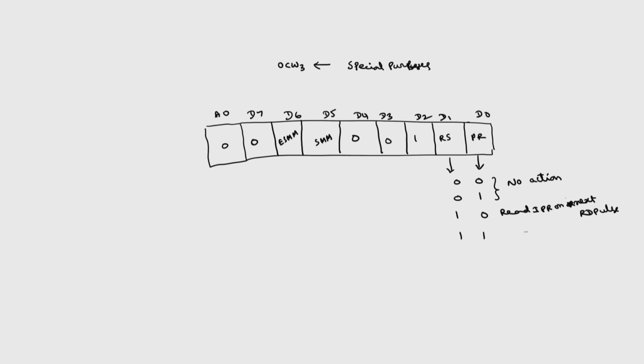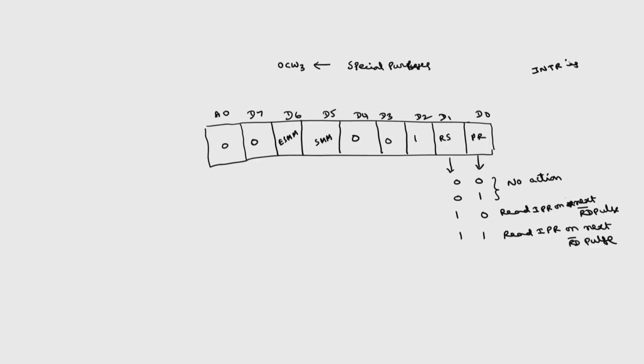Read IPR on the next RD pulse if it is 1, 1. This is the read bar pulse actually. So basically in this OCW3 the INTR is disabled, INTR will not be used. During the read bar cycle only, the interrupt process takes place.